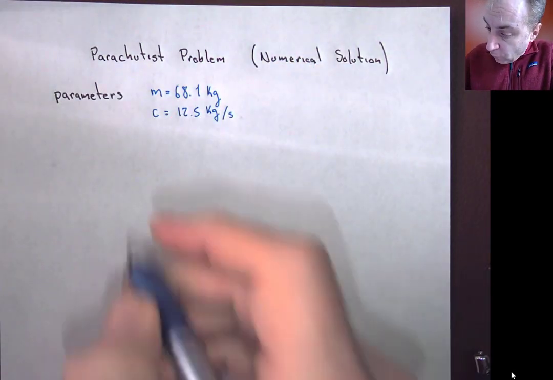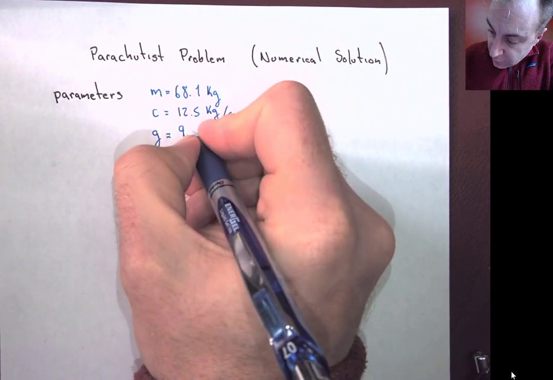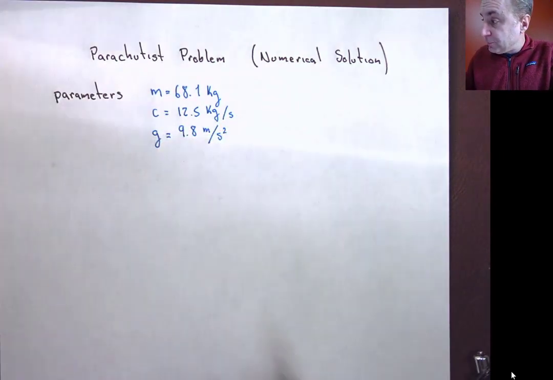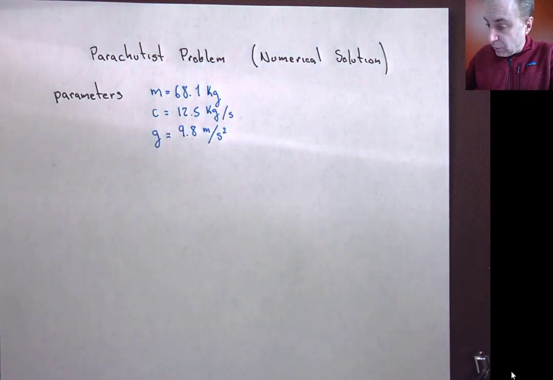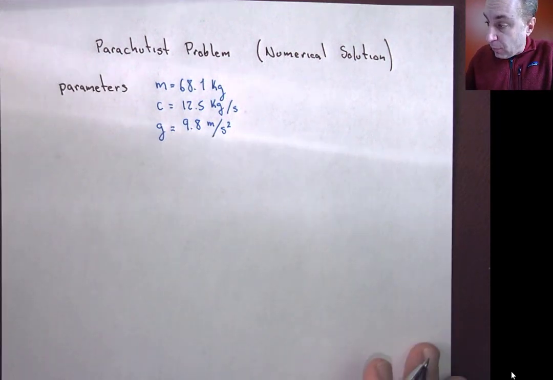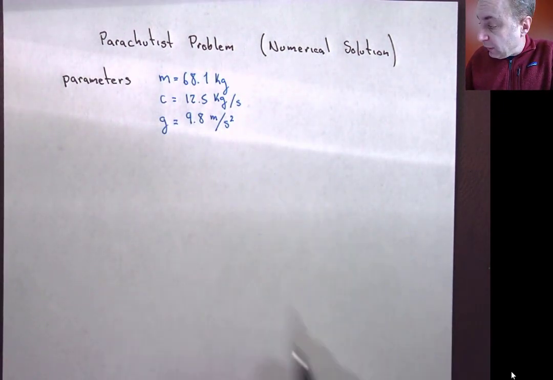And we have, of course, gravity, which is, let's say, 9.8 meters per square second. Okay? So what we're going to do is iterate our problem, and implement the equation.